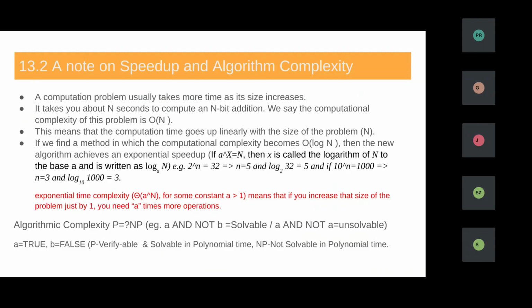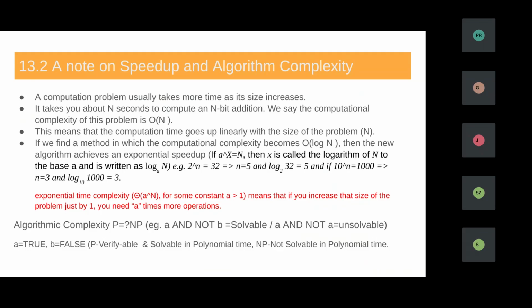So the problems are defined as P, NP and NP hard. Problems we can verify but not solve in polynomial time we call NP, and those solvable in polynomial time we call P. This is only for decision logic, not for every algorithm. We are talking about decision, because in Grover's algorithm we are talking about search, right? We want to search and say, hey, this is the right index where I can get the content which I was looking for.